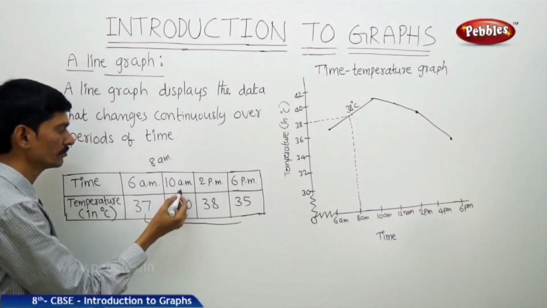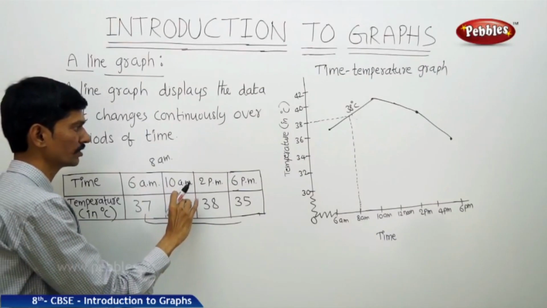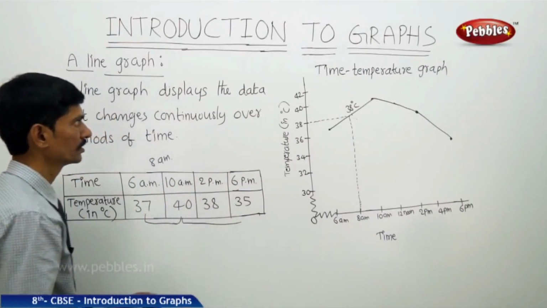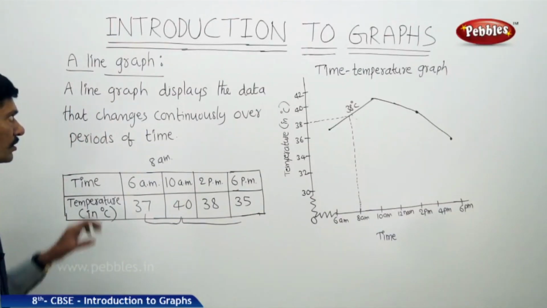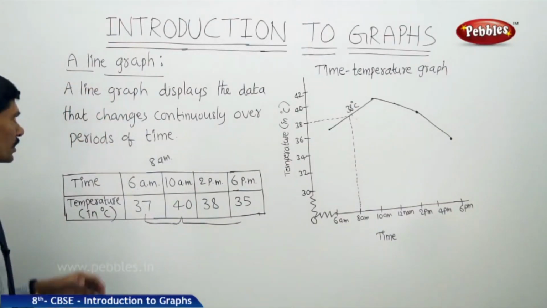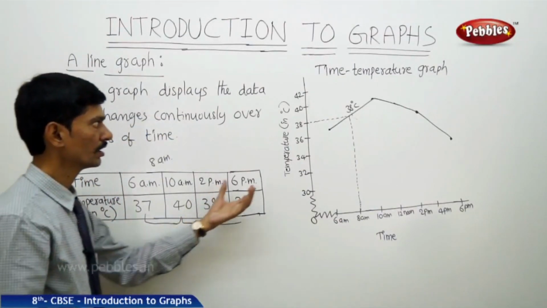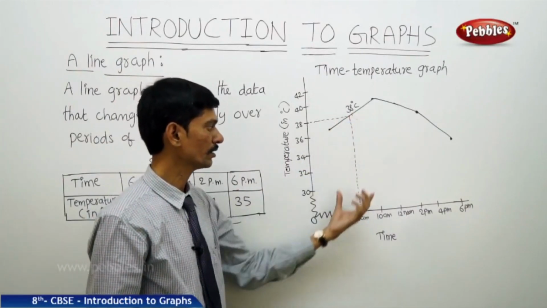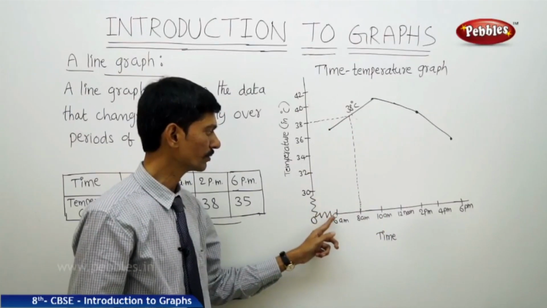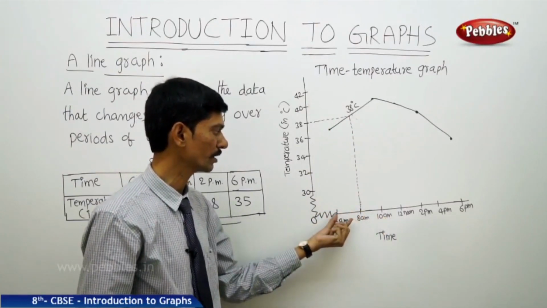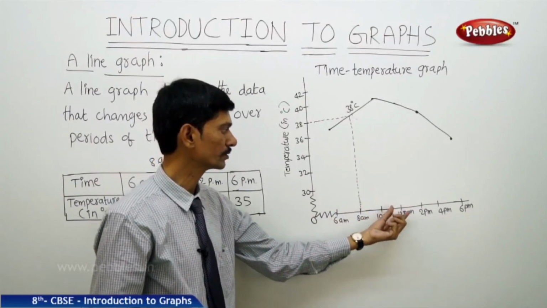Again at 10 a.m. the temperature was 40 degrees centigrade, and from 10 a.m. the temperature was decreasing. So this is the time temperature graph, which is a line graph. A line graph displays the data that changes continuously over periods of time, from 6 a.m. to 8 a.m., from 8 a.m. to 10 a.m., from 10 a.m. to 12 noon.